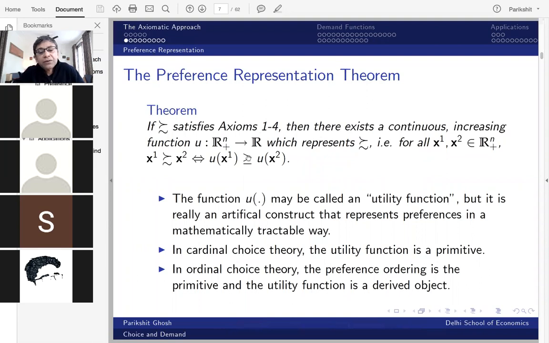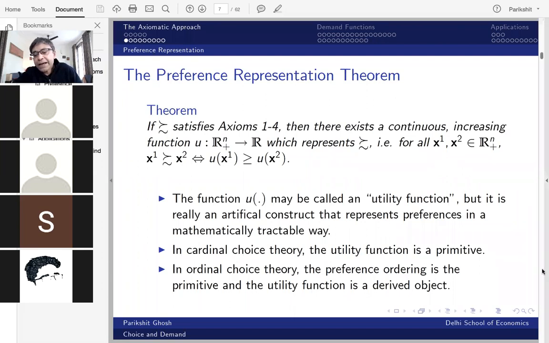But if we can formulate the problem as one of maximizing some nice continuous function, then we have all kinds of powerful mathematical techniques that can be brought to bear on the problem, and we can derive powerful results. So that's why this is a very useful device. What this theorem does is that it gives a nice conceptual foundation to the utility function instead of assuming that it exists right at the start.